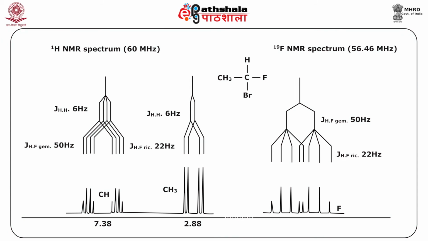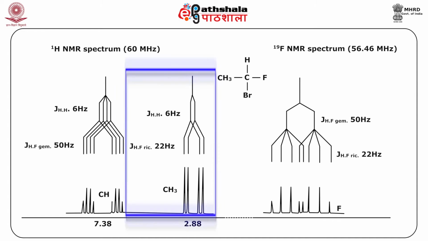Now students, in the figures you can see the 19F and the proton NMR spectrum of 1-bromo-1-fluoroethane, the formula being CH3CHFBr. Each spectrum is recorded using a 1.4 Tesla magnet. In the proton spectrum, the hydrogen-hydrogen coupling between CH3 and CH protons should give you a quartet and a doublet, but the HF coupling complicates the splitting pattern.